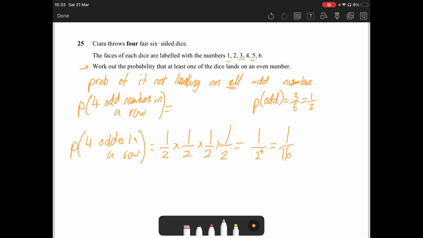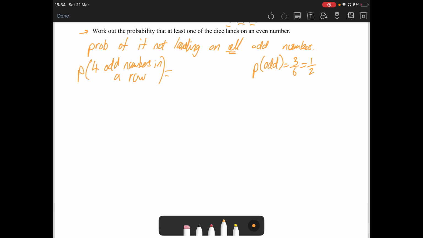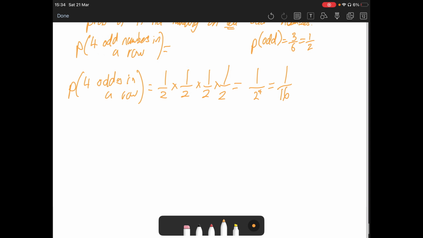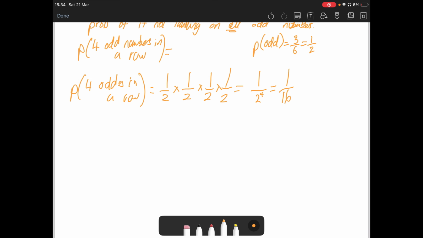There is a 1 in 16 chance you get 4 odds in a row. So if you did this experiment where you threw 4 dice 16 times, one of them you'd expect to get all 4 odd numbers. Roughly speaking, obviously there's an element of randomness.